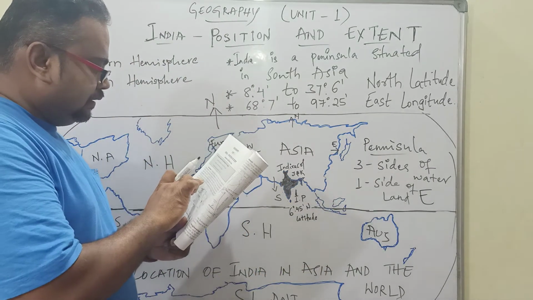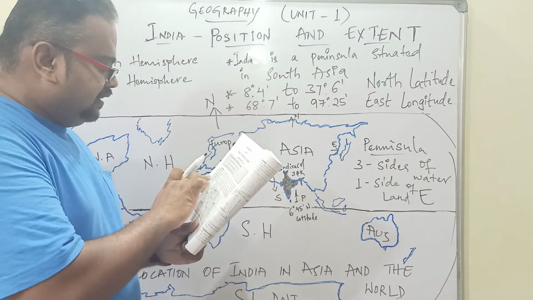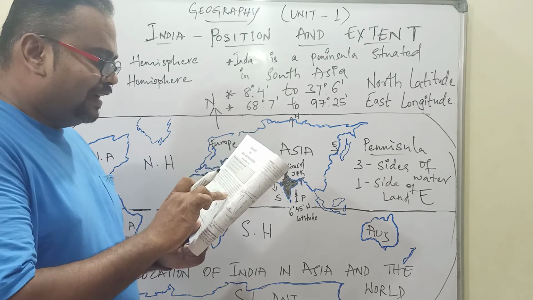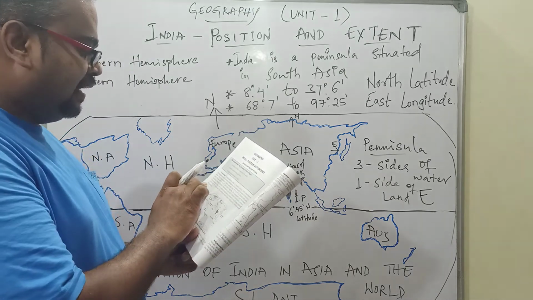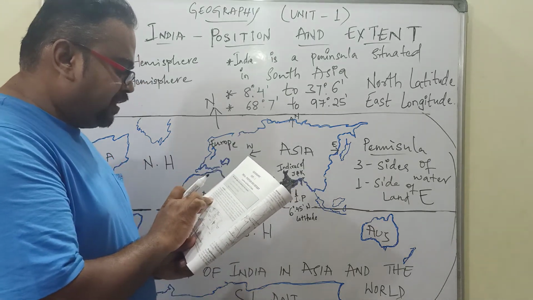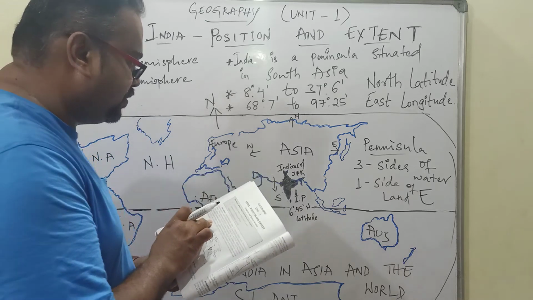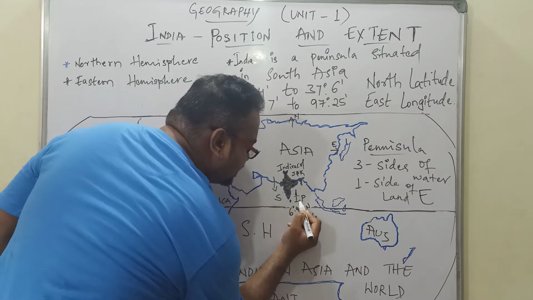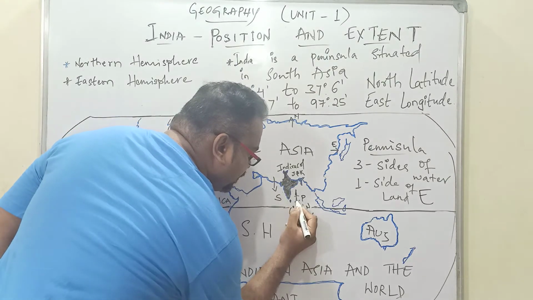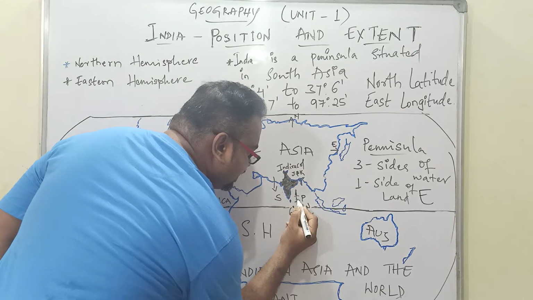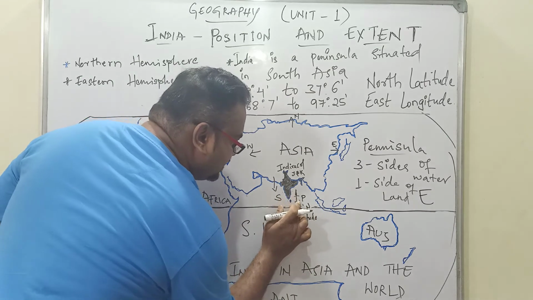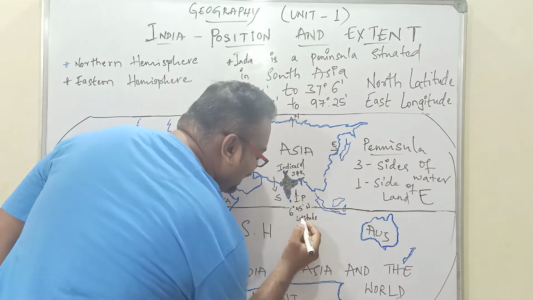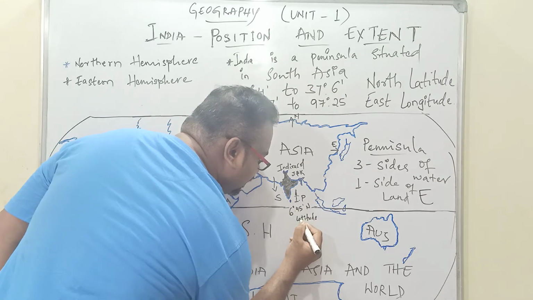And Indira Point, the southernmost point, is located in the Nicobar Islands at 6 degree 45 minutes north latitude. Here IP, Indira Point, is the tip.